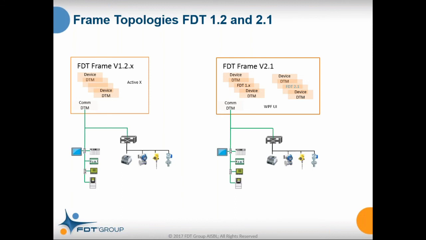So if you've got a user that's got this mixed topology with an FDT2 frame and 1.2 DTMs and 2 DTMs in there, and their use case is to start deploying OPC UA, there's a real problem, because the 1.2 DTMs cannot support OPC UA. Okay, so you start to see where the issues will arise in the marketplace.